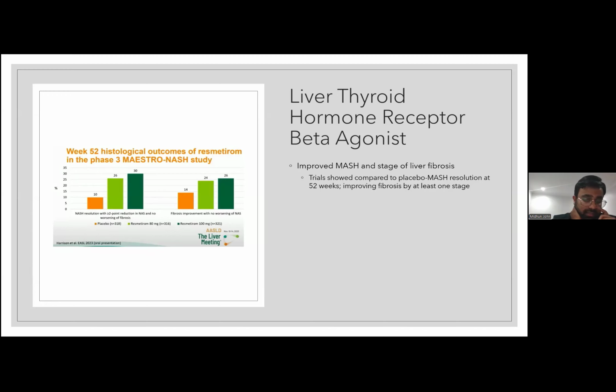And you can see this in the picture on the left, where you see placebo sitting at 10, the 80 milligrams sitting at 26, and the 100 milligrams sitting at 30 for MASH resolution with more than 2-point reduction without worsening fibrosis as well. Then the graph next to it is the fibrosis improvement with no worsening of MASH, and basically with placebo it's 14, with our 80 milligrams 24, as well as the 100 sitting at 26.